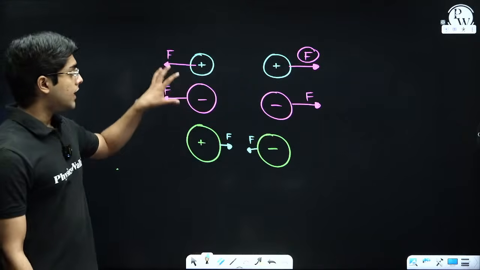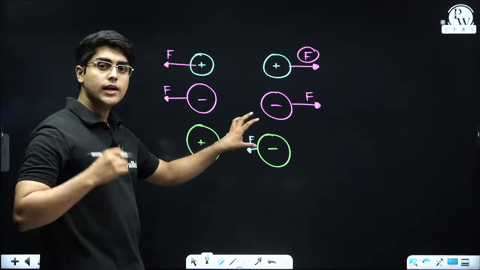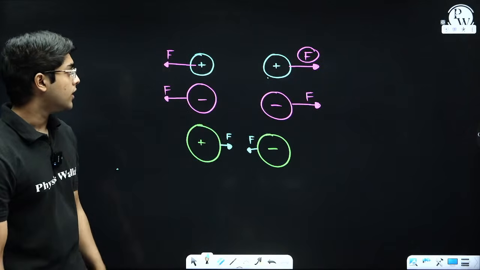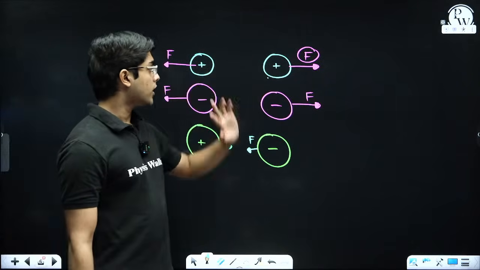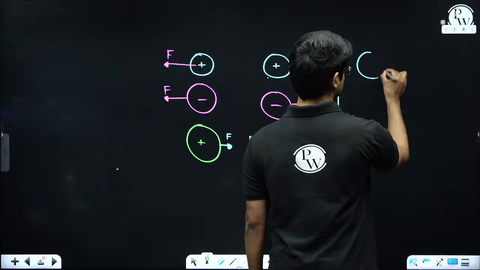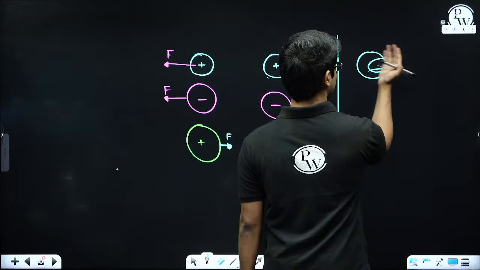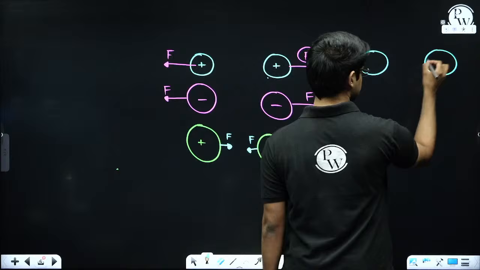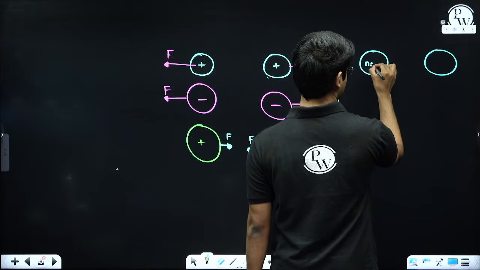But this electrostatic force is only observed if the body possesses some charge. If we consider two bodies that are neutral, no charge implies a neutral body, so I'm going to write it as neutral here.